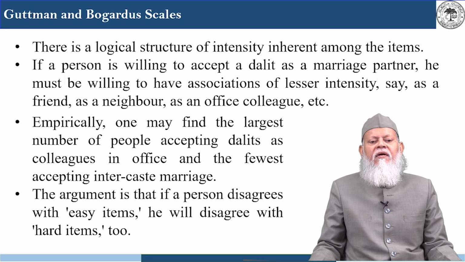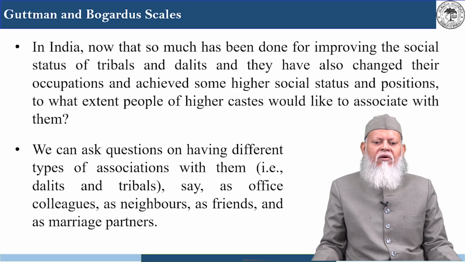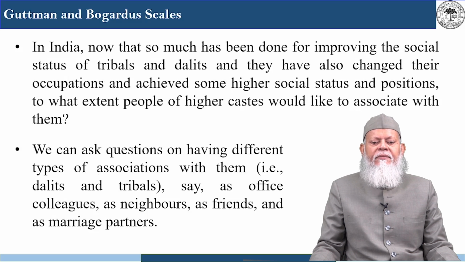So, if he or she is able to accept the association as friend, this means that he is able to accept them as neighbors, as office colleagues, but not as marriage partners.